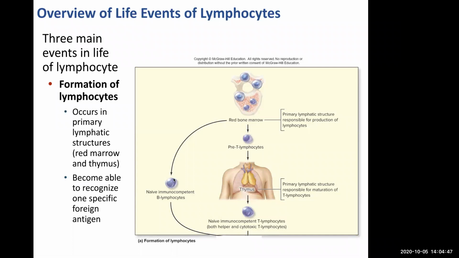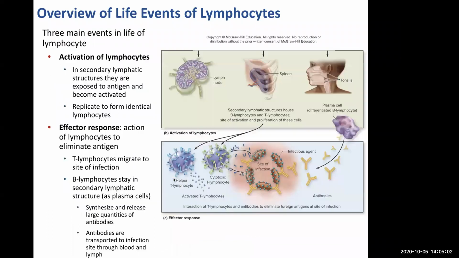T cells that leave the thymus, same thing. They're naive and immunocompetent, and like the B cells, they migrate to secondary lymphatic structures to await exposure to their antigen. So that's what this slide goes over.